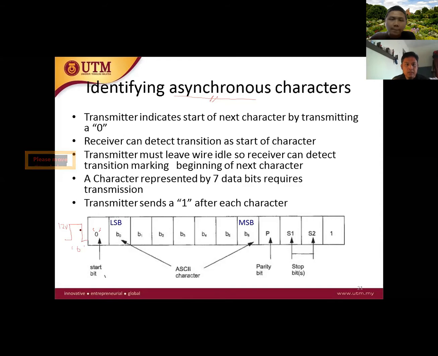The receiver will start the conversion when it detects the falling edge of the start bit 0.